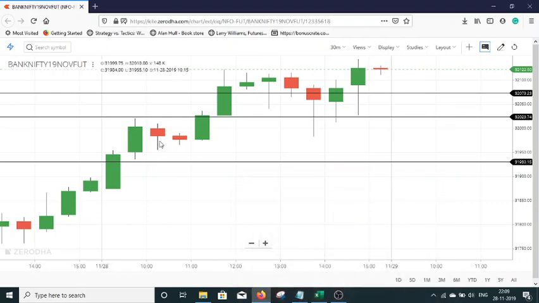As you can see, around 11:15 the trade got executed, and after a couple of minutes the target was hit, around 11:45 or thereabouts.